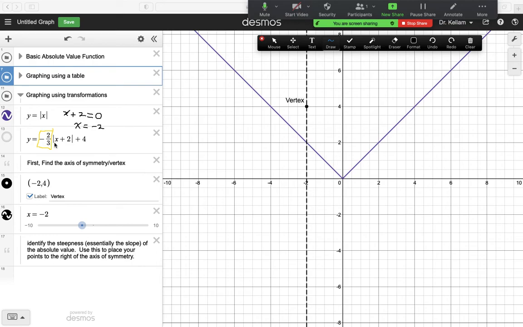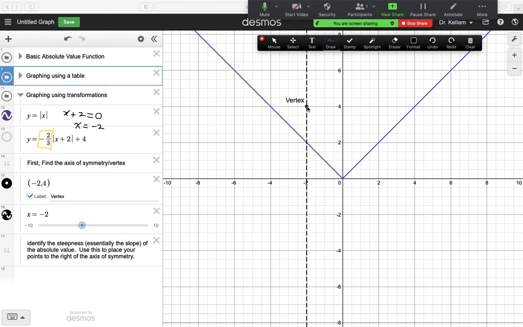And we're going to treat this like it's a slope. Now, this tells me the slope of the part of the absolute value that is to the right of my axis of symmetry. So this is down 2, right 3.